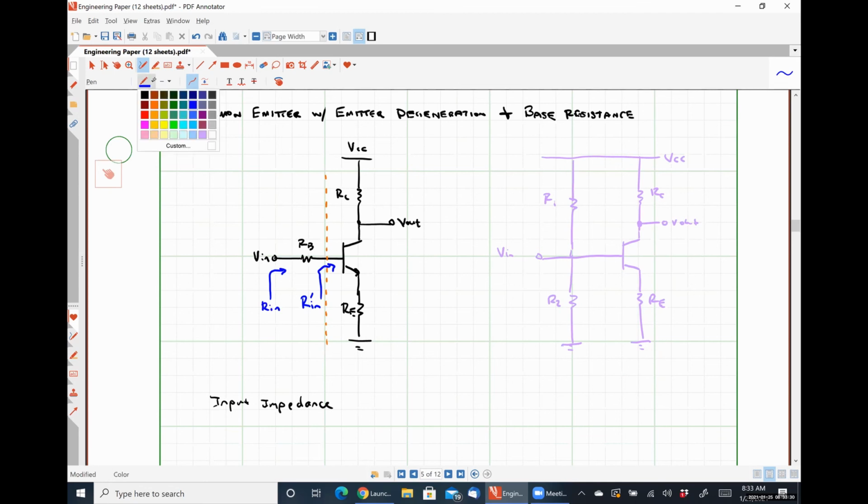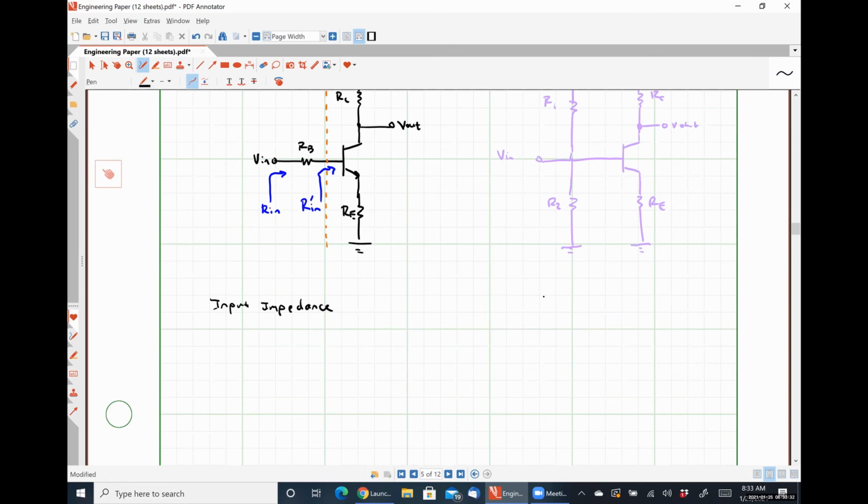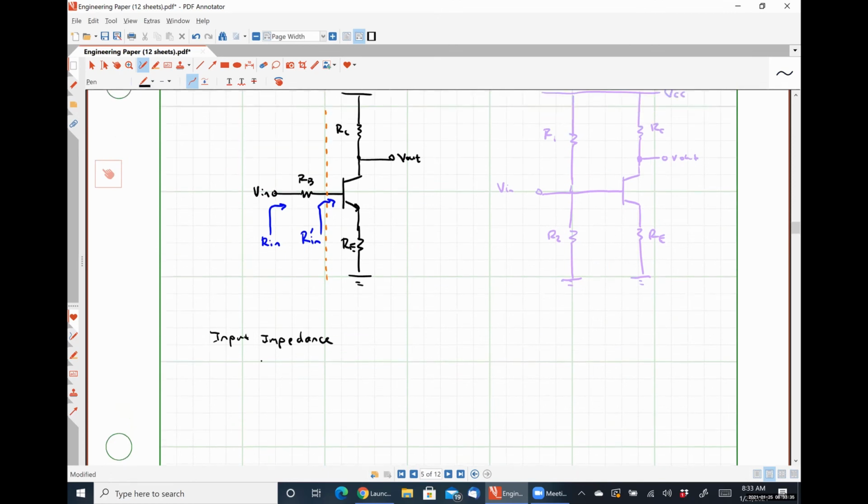So by inspection, I can see that my input impedance, Rin, is RB plus Rin prime, which is simply RB plus R pi plus 1 plus beta RE. No real troubling circuit analysis for us to deal with, okay? Nothing too wild there.